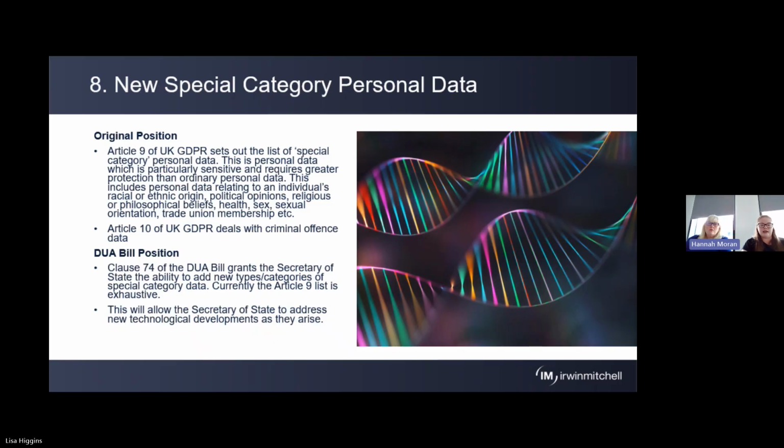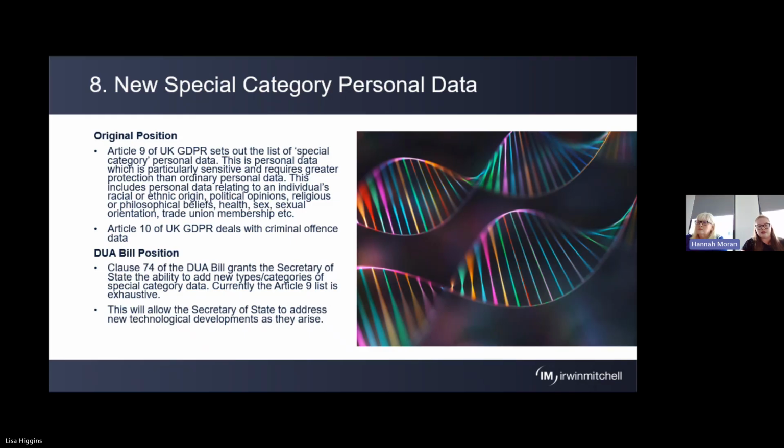So special category personal data includes data relating to racial or ethnic origin, political opinions, religious beliefs, health data, and things like that. And then Article 10 is the one that deals with criminal offence and criminal convictions data.